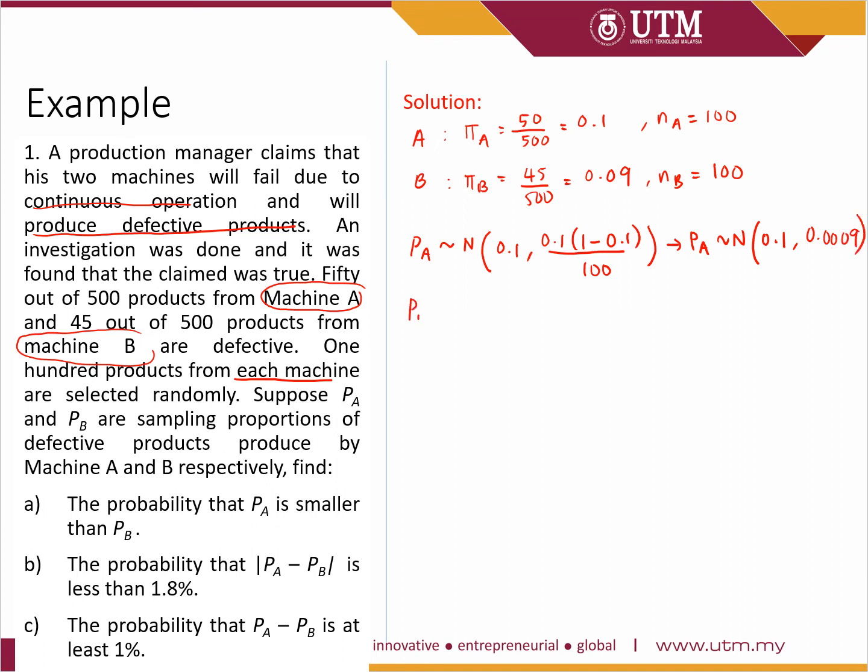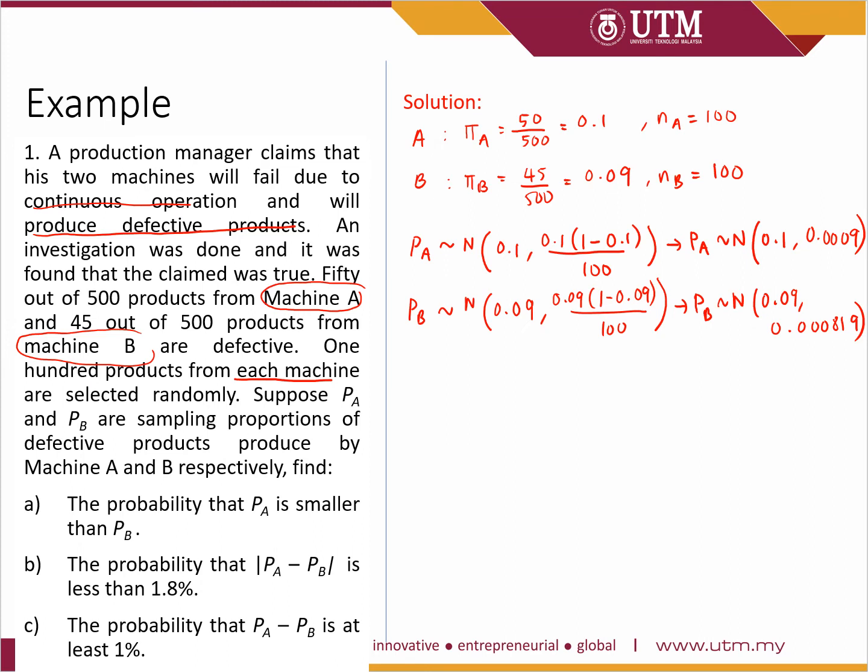Meanwhile, the proportion B follows a normal distribution with mean 0.09 and variance 0.09 times 1 minus 0.09 over 100, which is 0.000819. Okay, so we have the distribution for both A and B.